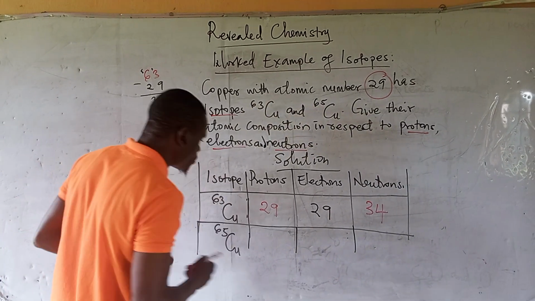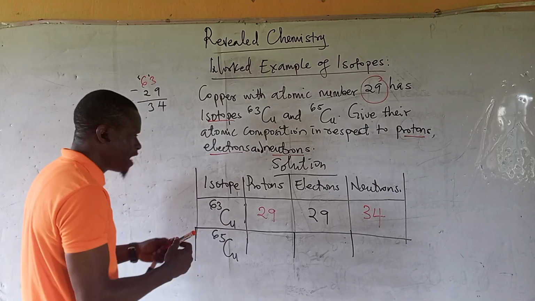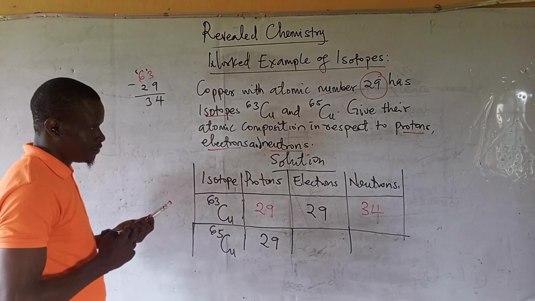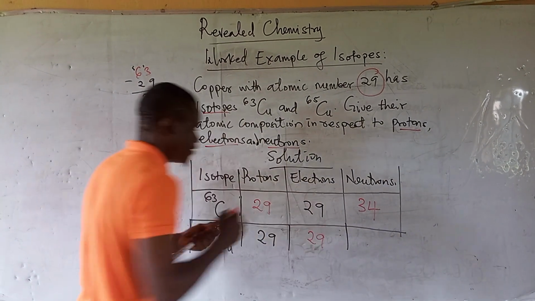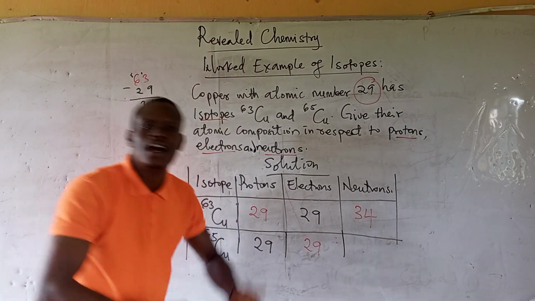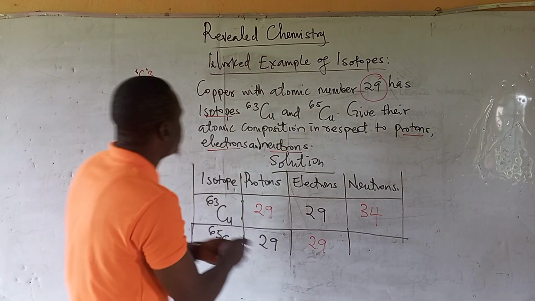So let's work it out. Atomic number is the same thing as proton number, so here again we have 29. Electrons is the same thing, 29. Does it make sense? Now, the neutron number is the difference between atomic mass and atomic number, so we subtract again.